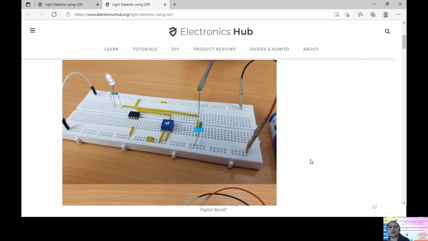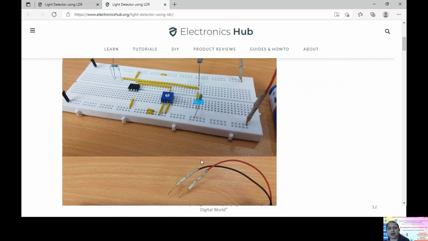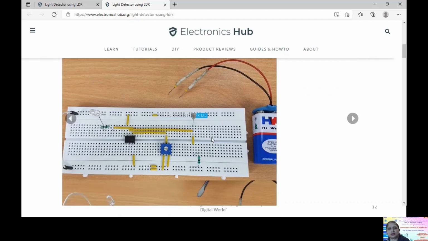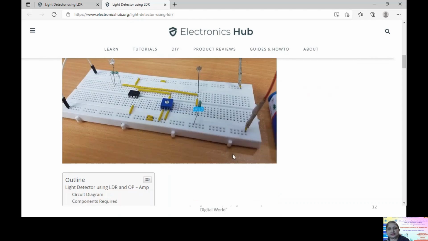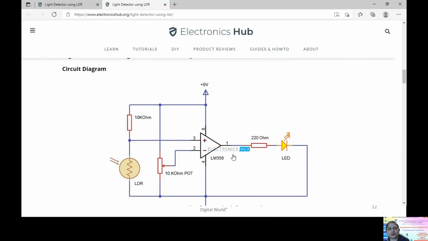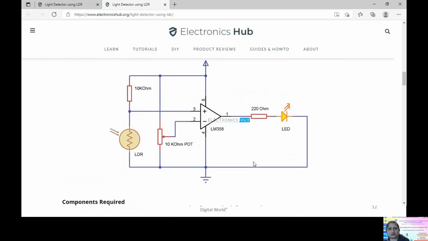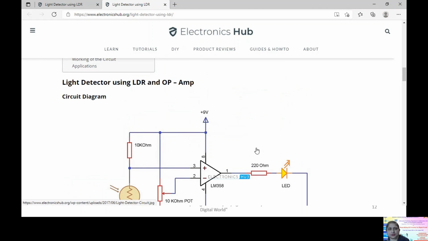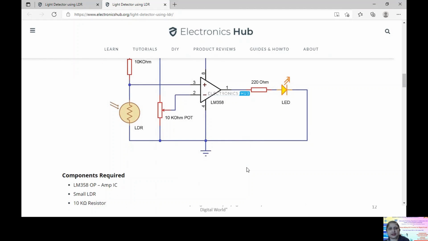When we want to make the connections, we have to use the sensor, the LED, the breadboard and some connecting wires, and we are using the battery. So this is the circuit diagram for this project where we want to detect the light using the LDR sensor.